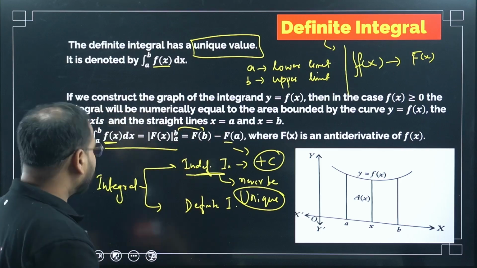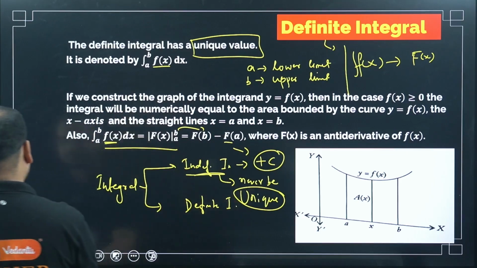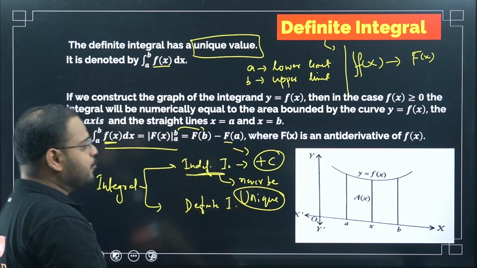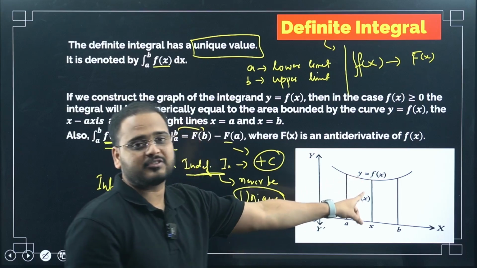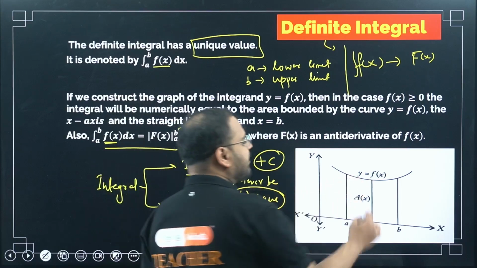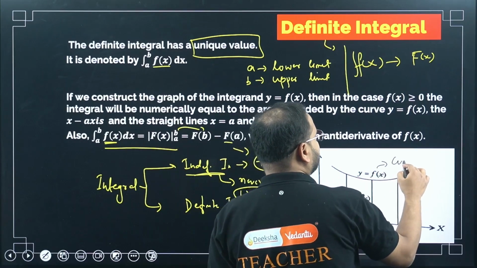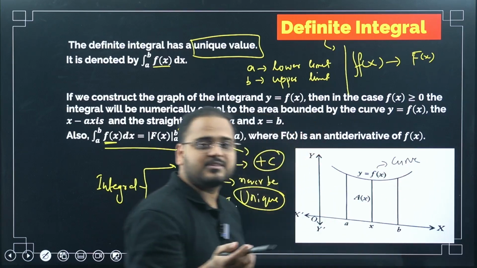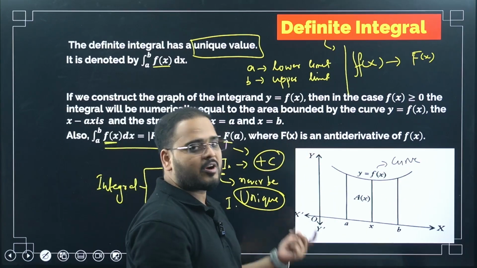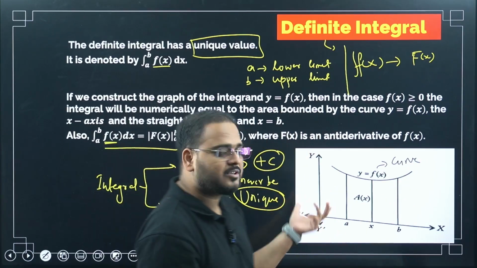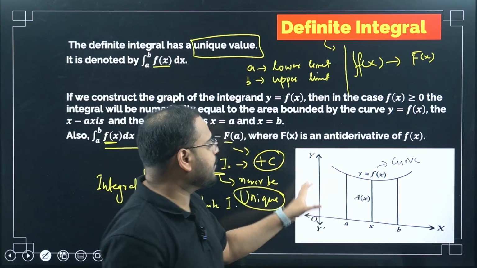Again, there's the understanding that if you find the integration of the given function f(x), any function will have a curve, right? If it is a linear function, it will have a straight line. Quadratic will have a parabolic curve. A cubic also will have a curve.